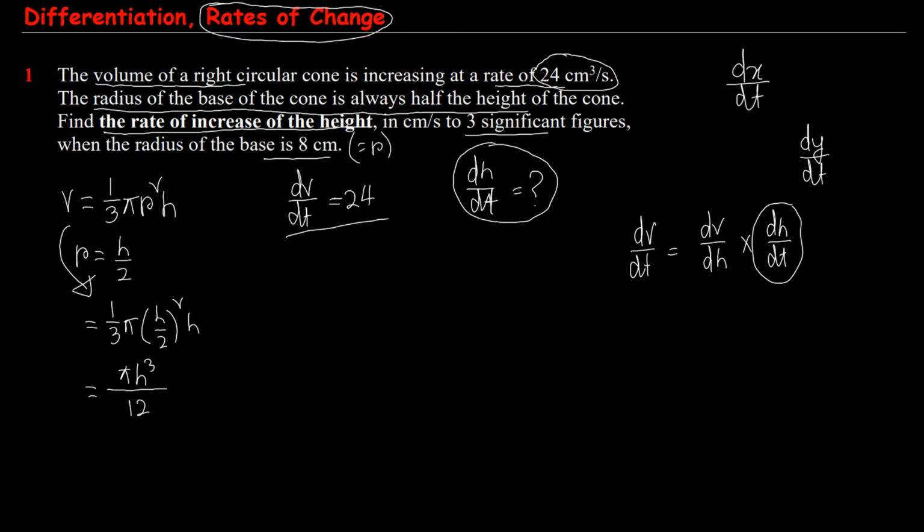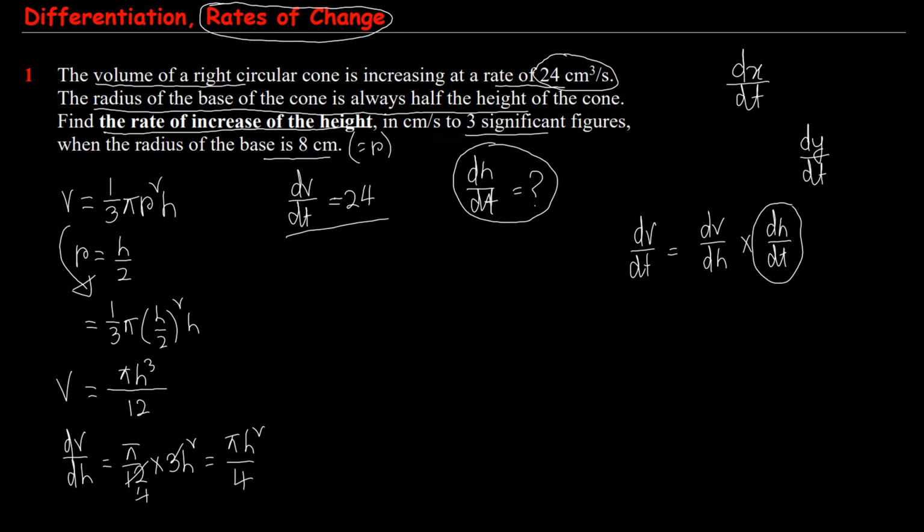So dV by dh, you need to find by differentiating the volume expression with respect to h. Let us differentiate first. dV by dh, we can write pi by 12 is a constant, and 3h square, which gives us, we can cut out, so pi h square by 4.